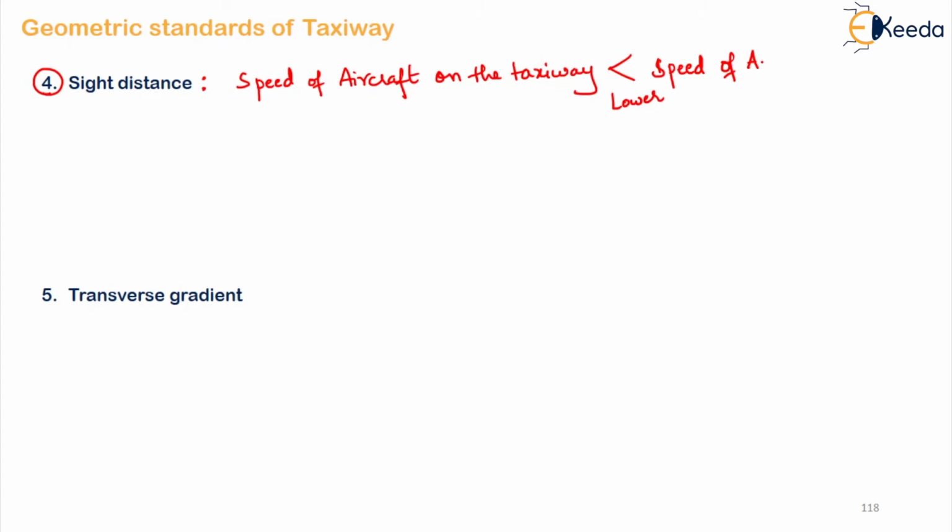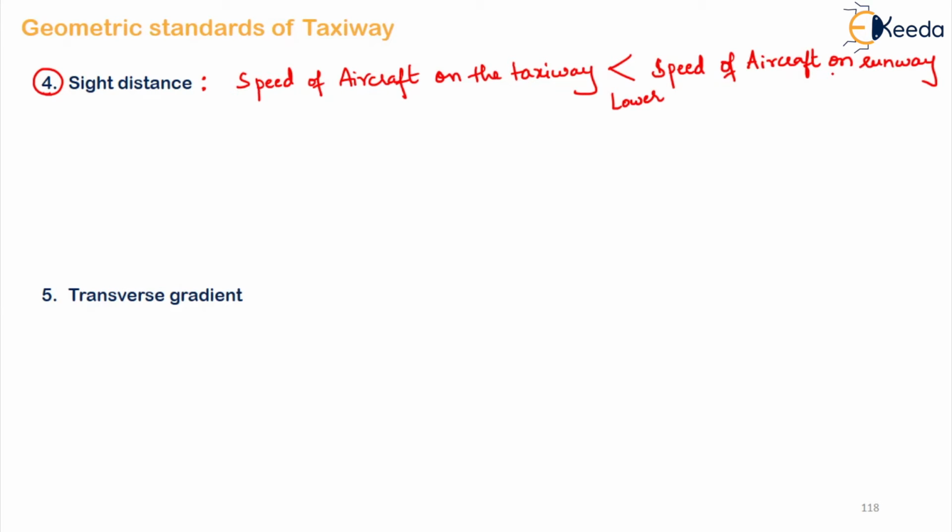The next one is the sight distance. Normally the speed of the aircraft on the taxiway will be lower when compared to the speed of aircraft on the runway, because the runway is used for landing and takeoff.